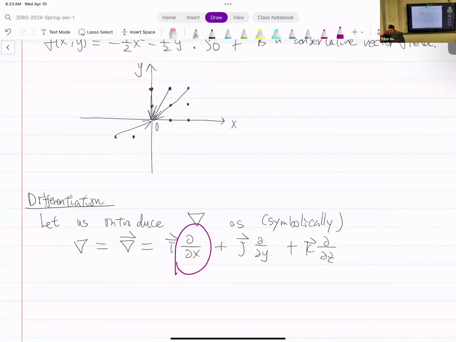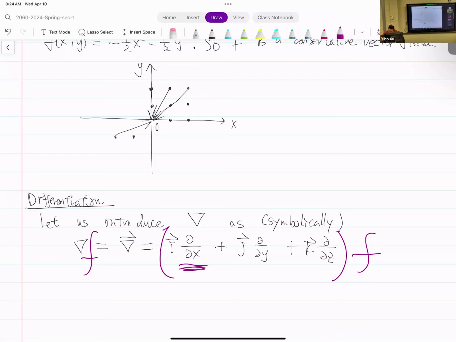So what this whole thing is saying is that for whatever follows, let's say little f, I'm going to do the partial derivative of x for little f and put it in the first component of the vector output.